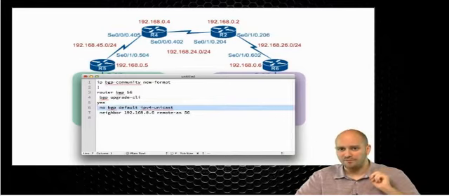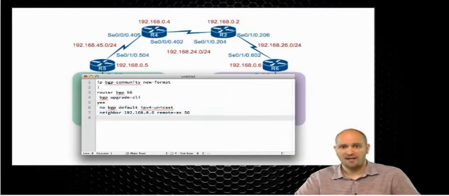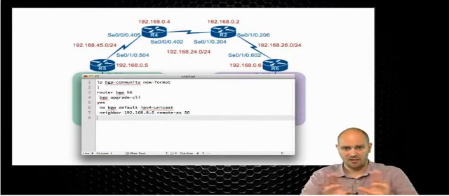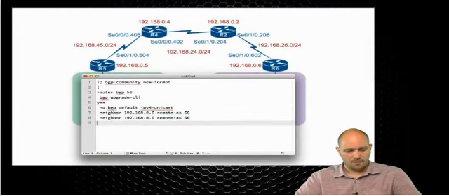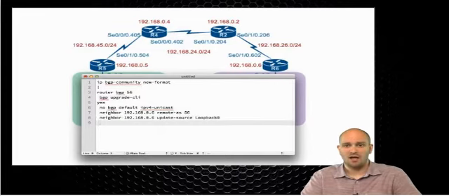It is going to prevent IOS from automatically activating this neighbor in the IPv4 address family. I don't need it. Now, the next thing that I'm going to say is update-source, going to be peering between the loopbacks, and then we go into the address family.